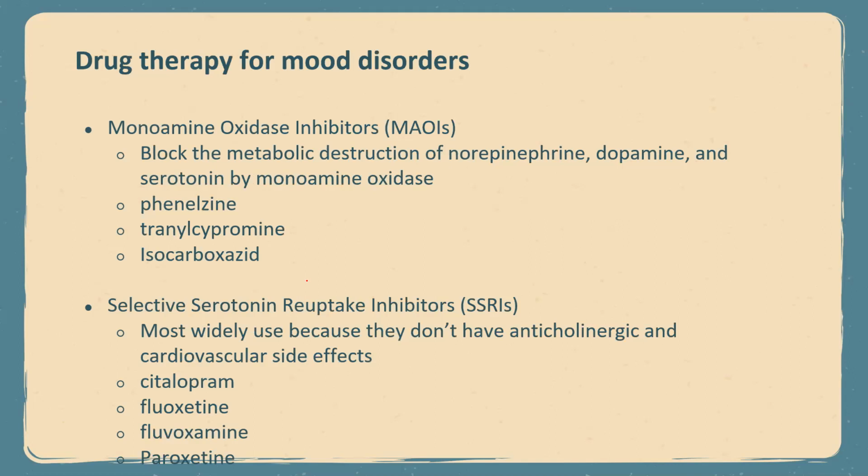Now, what are the drugs for mood disorders? We have the monoamine oxidase inhibitors. Monoamine oxidase inhibitors blocks the metabolic destruction of norepinephrine, dopamine, and serotonin by monoamine oxidase. Remember that this, no, drug increases the concentration of these neurotransmitters.